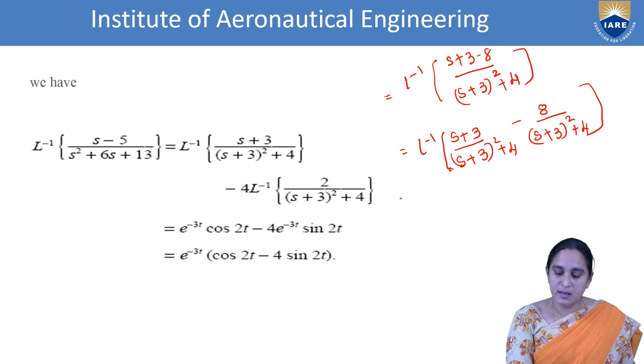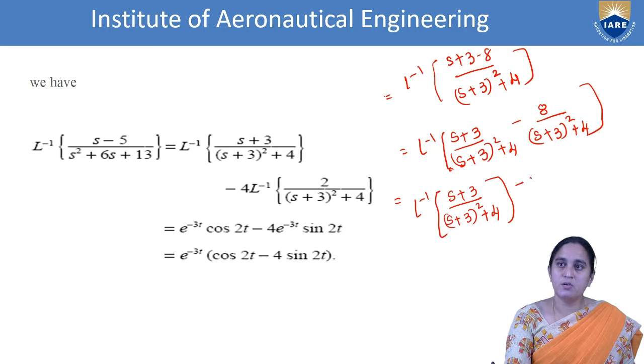Next step, simply I am taking this as Laplace inverse of (s plus 3) by (s plus 3) whole square plus 4, minus of Laplace inverse of 8 by (s plus 3) whole square plus 4.